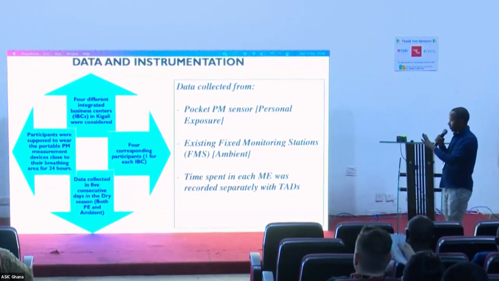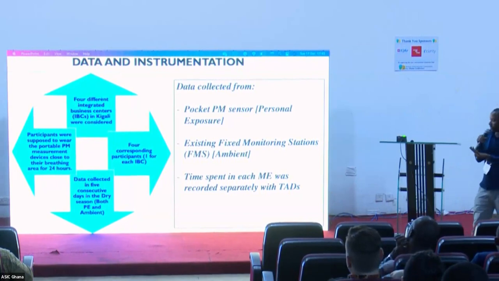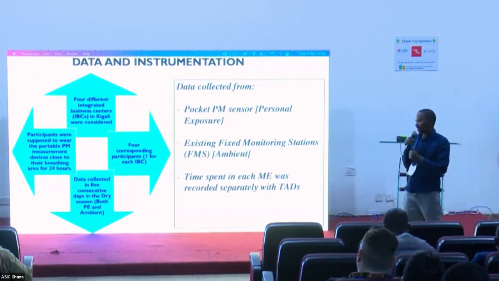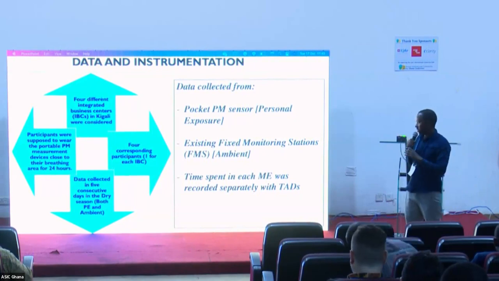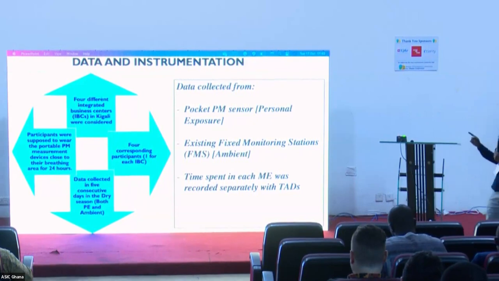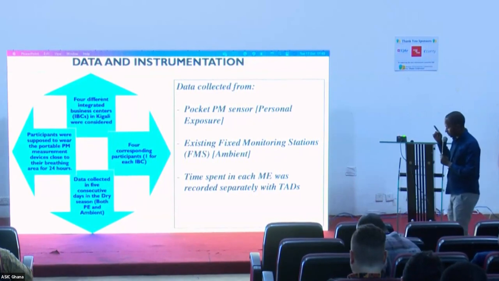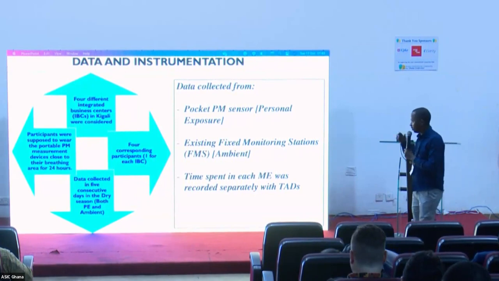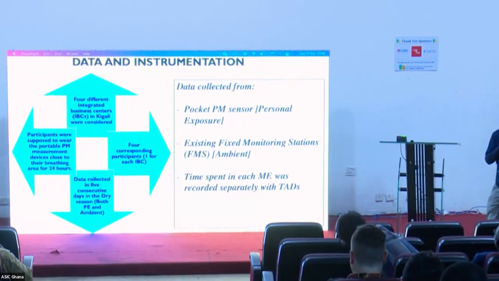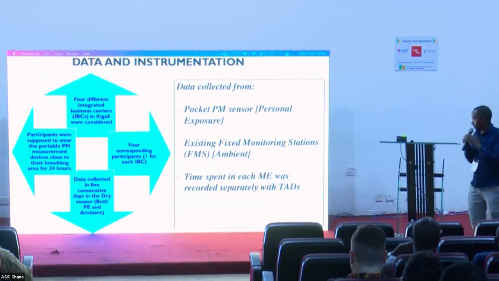We took 4 corresponding participants because there are 4 IBCs. We collected the data for 5 consecutive days in the dry season. So we took the personal exposure data using the pocket PM sensor, and also we considered the ambient air with the existing fixed monitoring stations.